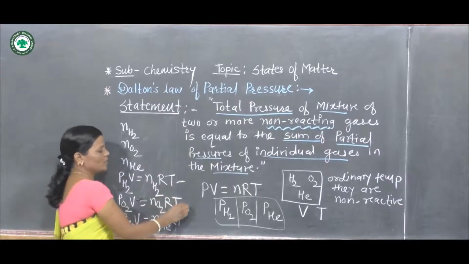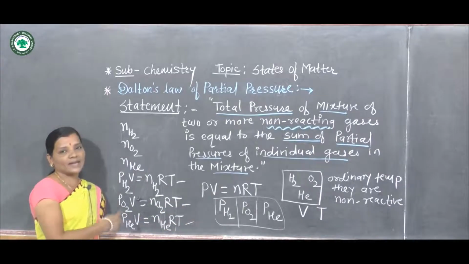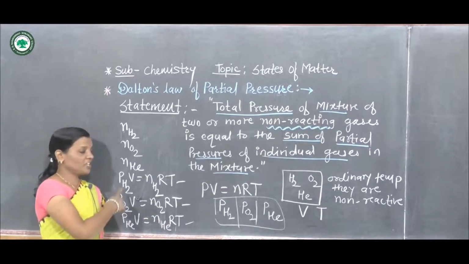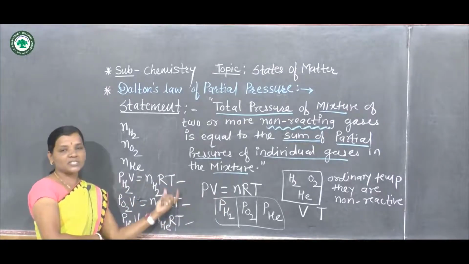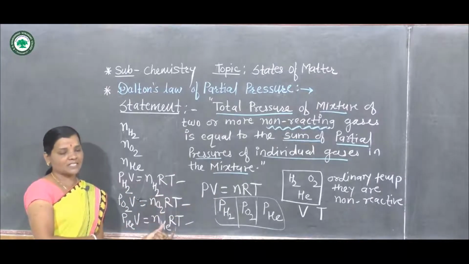This is according to the ideal gas equation. We can write a separate equation for each gas, and PV is equal to nRT is satisfied by all these gases.